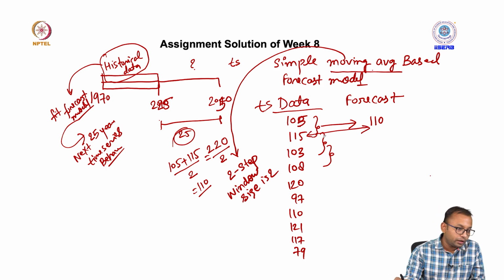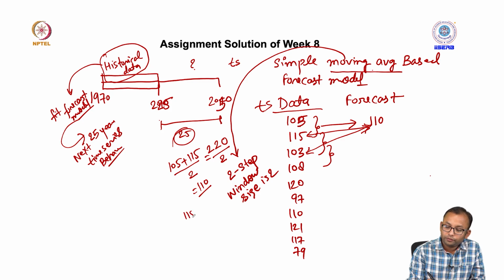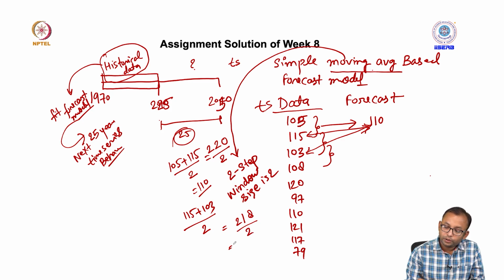Now you use 115 and 103 for forecasting the next value. Taking this set, 115 plus 103 divided by 2 comes out to be 109.